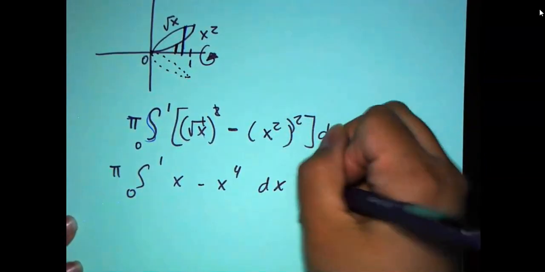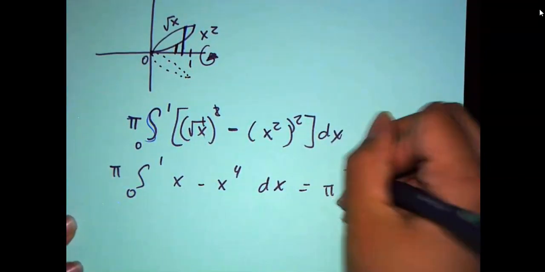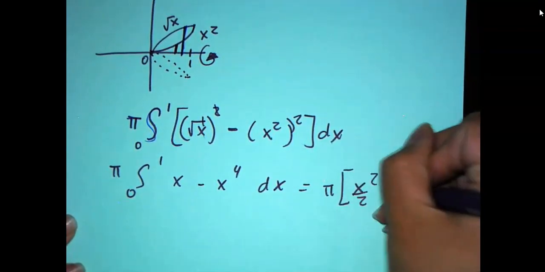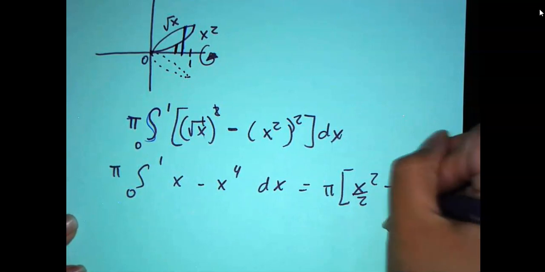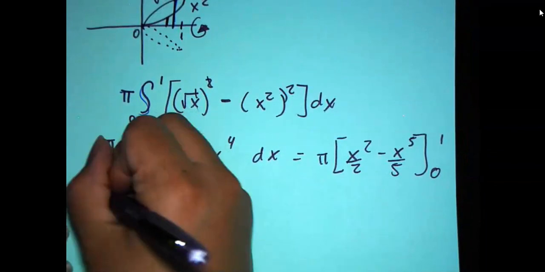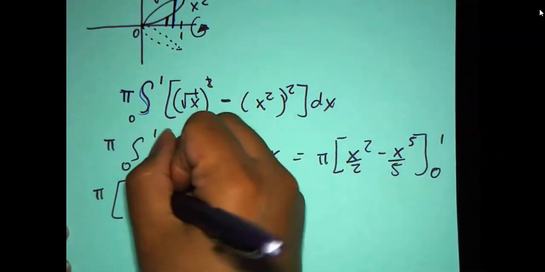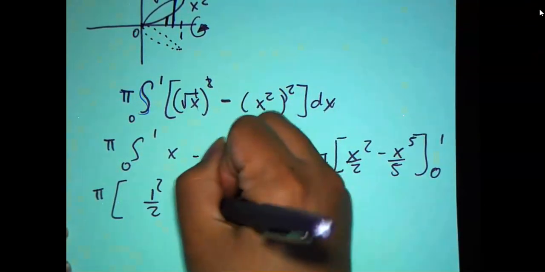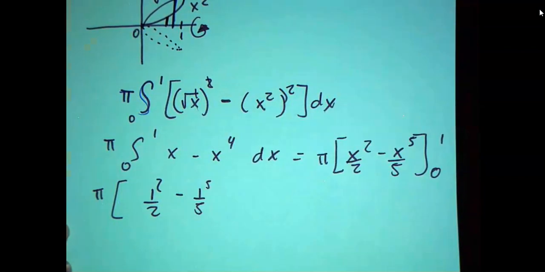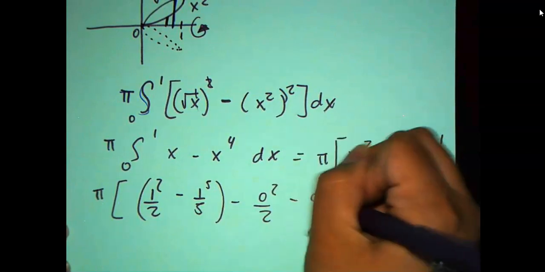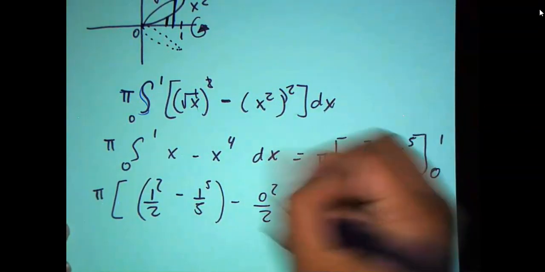We have pi times x to the power of 2 over 2 minus x to the power of 5 over 5, and we need to evaluate it from 0 to 1. Again, we plug in the 1 first, so we have 1 squared over 2 minus 1 over 5, and then minus 0 squared over 2 minus 0 to the 5th over 5.